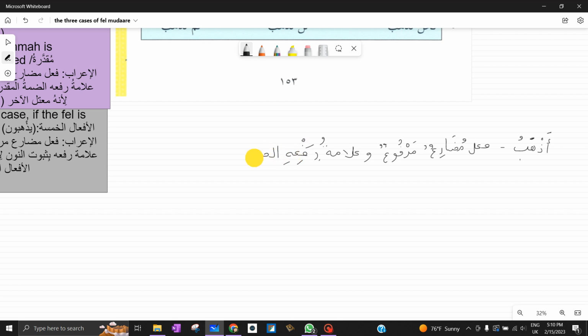رفعه الضمة. Now this is important. الضمة الظاهرة. Zahira means it is visible. Why is it visible?